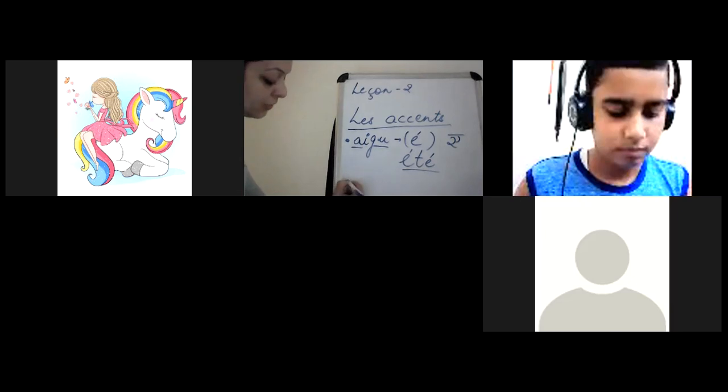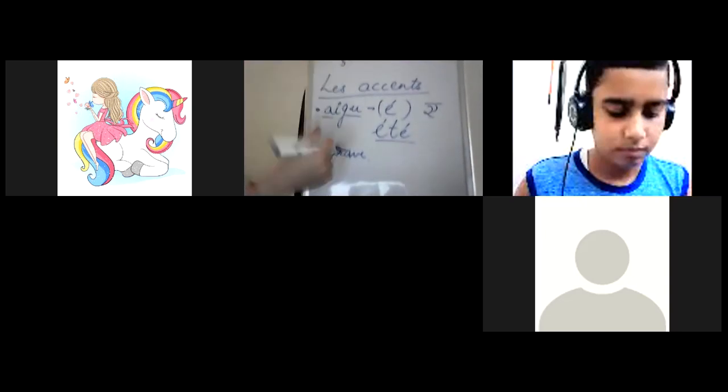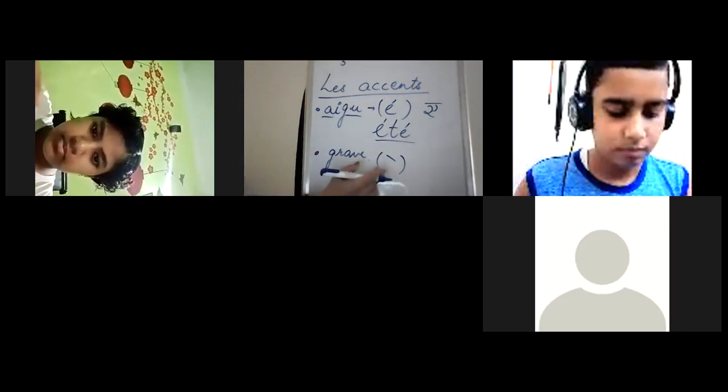Next we have accent grave. Now it is the opposite of accent aigu. This accent aigu is denoted by this symbol and accent grave is denoted by this symbol. It is exactly the opposite.